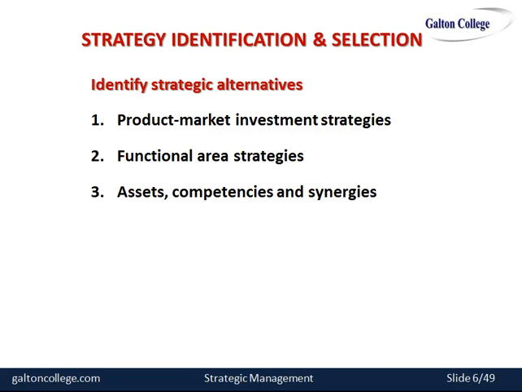Look at the available assets of the business. The assets can be the buildings, the machinery, the equipment, the office layout, also the people, the skills, the competencies within the organization. And look at the synergies. Look at the ways in which these come together to produce an even greater output.